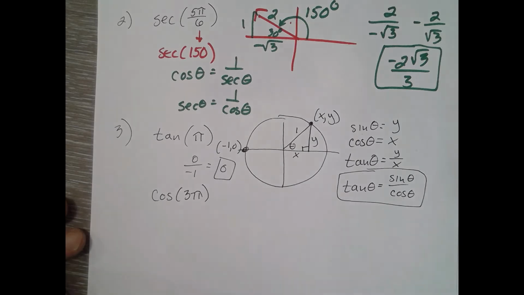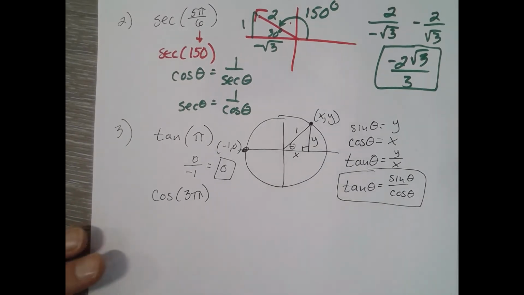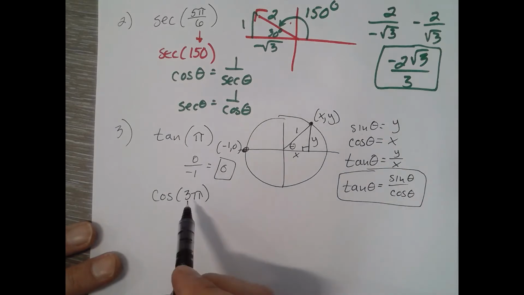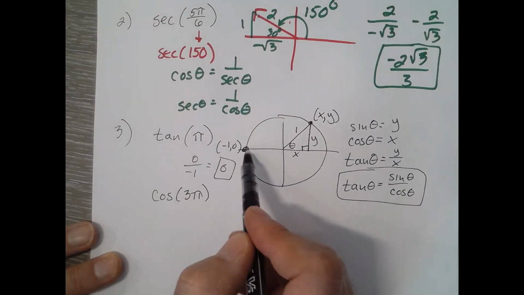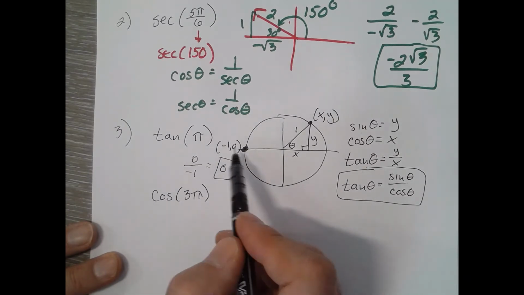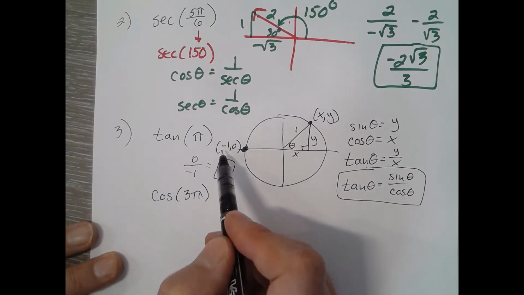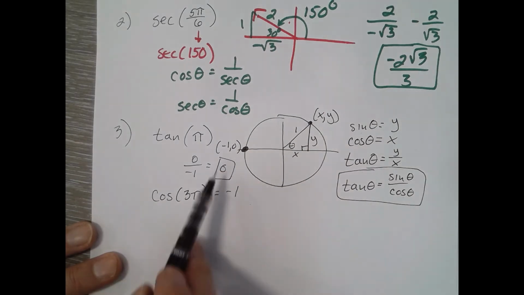So 3 pi, if you wanted to convert it to degrees, it's 360 plus another 180. What's that, 540 maybe? Or just in terms of pi, 1 pi, 2 pi, 3 pi, we're right back where we were for the tangent of pi. So the cosine of that point is negative 1. The sine of 3 pi would be 0. The tangent of 3 pi would be 0.